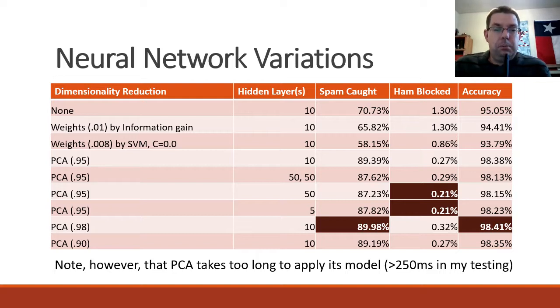It was only when I applied PCA that neural network came into its own, and you can see that the numbers jumped quite a bit. They fell just short of deep learning in overall accuracy and in its ability to not block legitimate messages. And you see some of the variations I tried.